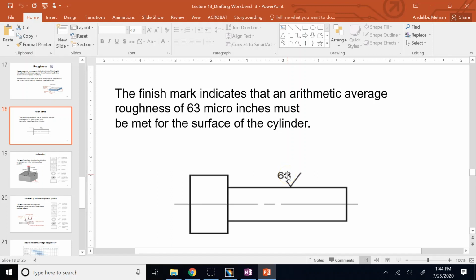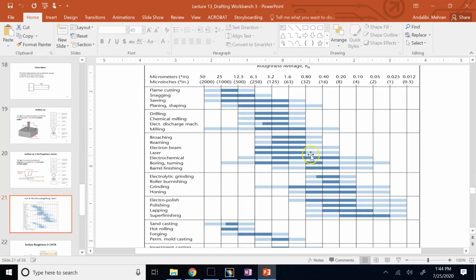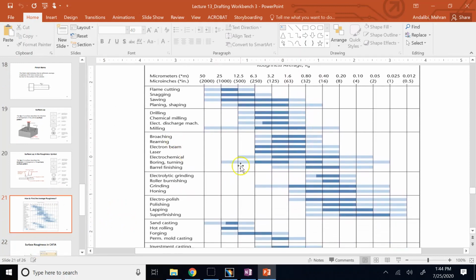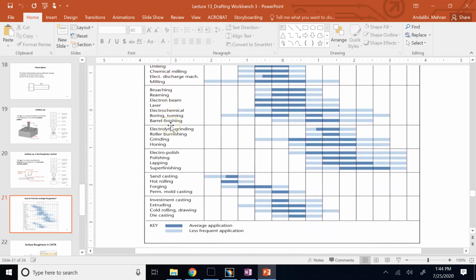But there is a table that can tell the machinist, okay, now that he wants this much, not more, at most this much of roughness on average, what manufacturing method can I use to achieve this? And that is in a roughness table. So this roughness table will tell you in which range of roughness height each manufacturing method can provide for you.